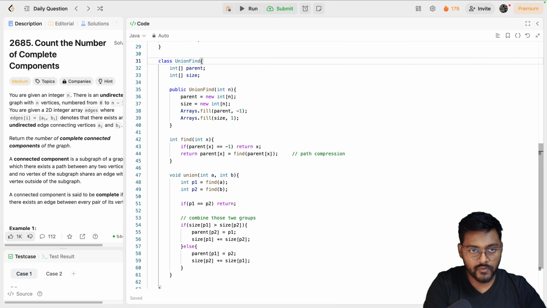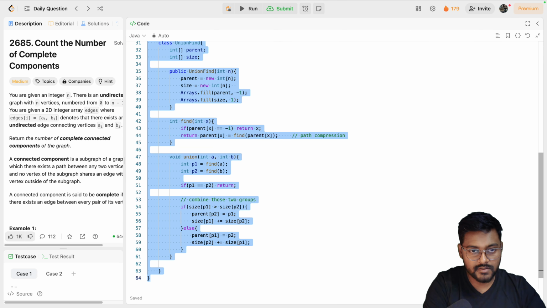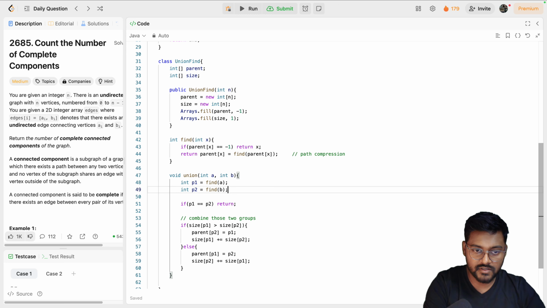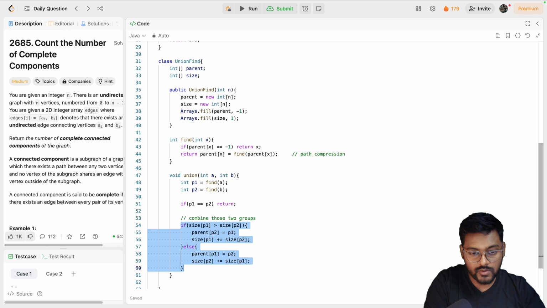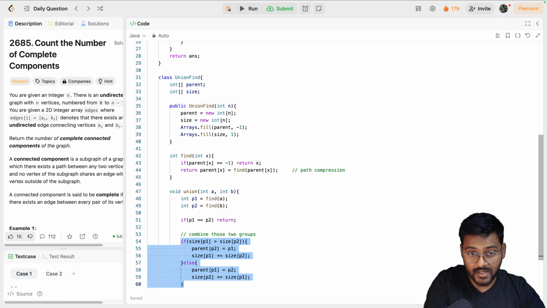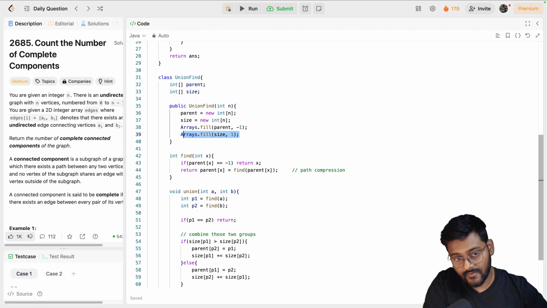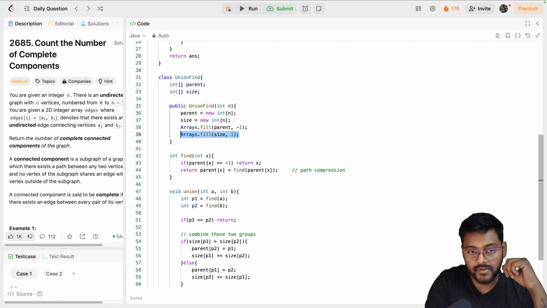Here in the code, first of all, I have created a union find class where we have two major functions: find the parent, and union two connected components. And when we are doing the union, we also need to carry the size, and the size initially is 1, because in the starting every node itself is a connected component.